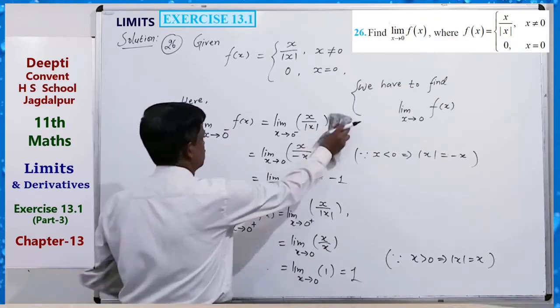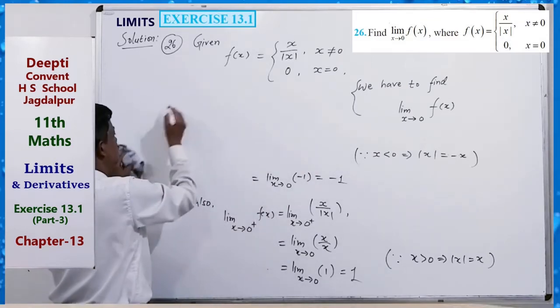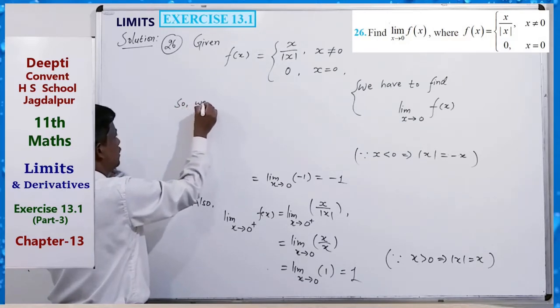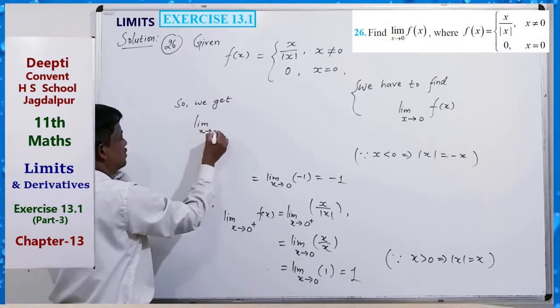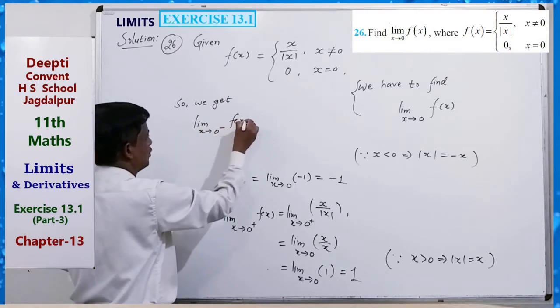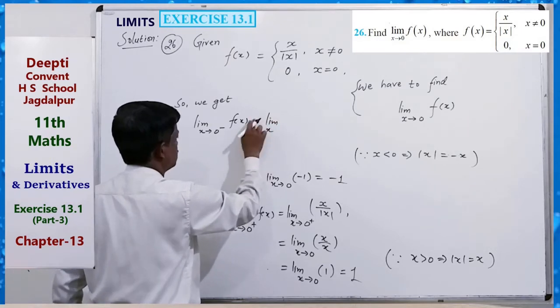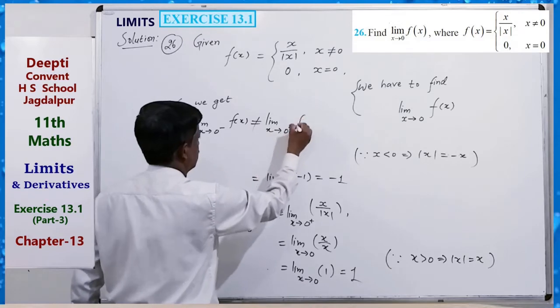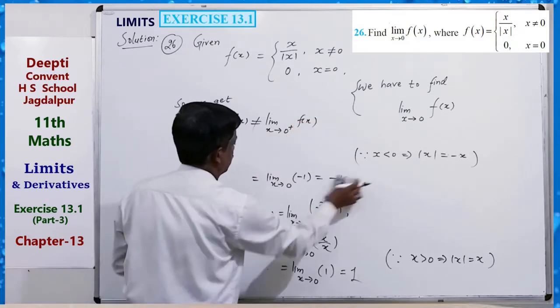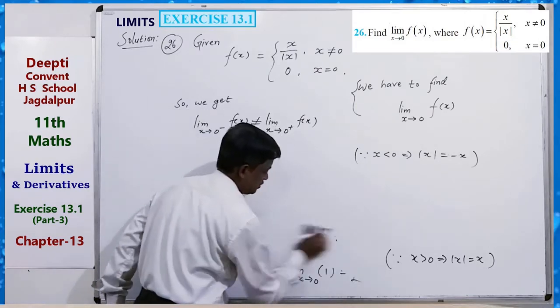We get the left hand limit, with x tending to the negative side, is not equal to the right hand limit. Not equal, that means the limit does not exist.